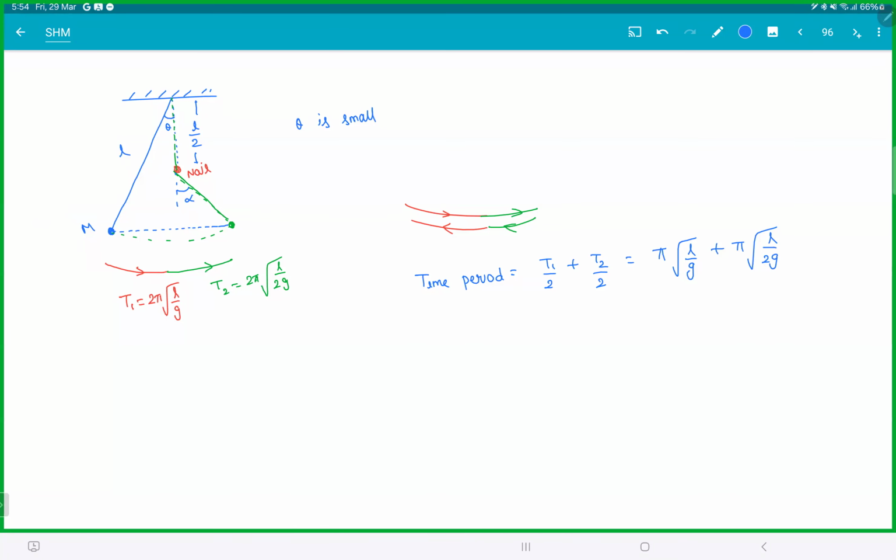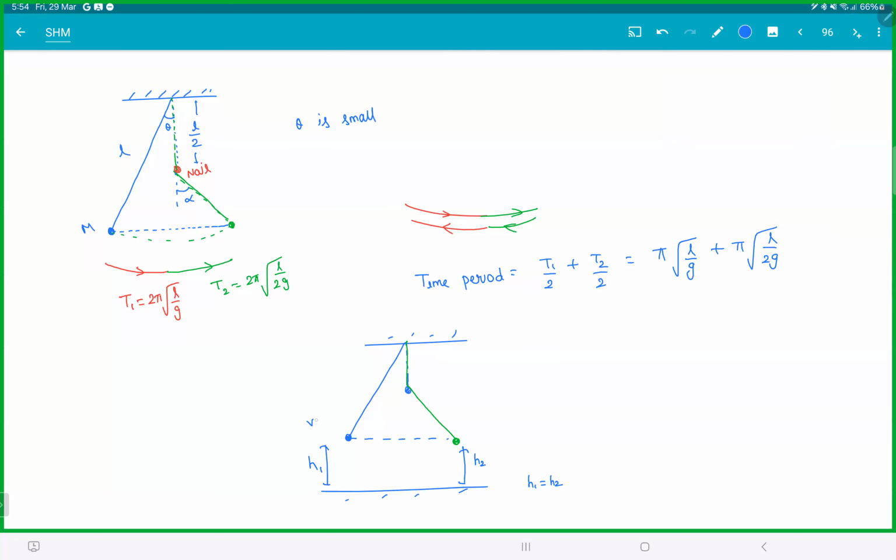Meaning, for people who are confused, let me draw that again. So initially you're starting from here. You keep the nail here. Anywhere you keep the nail, I don't care. When it comes here, think of like this. If this was your ground level, this height h and this height also has to be h. Do you agree?